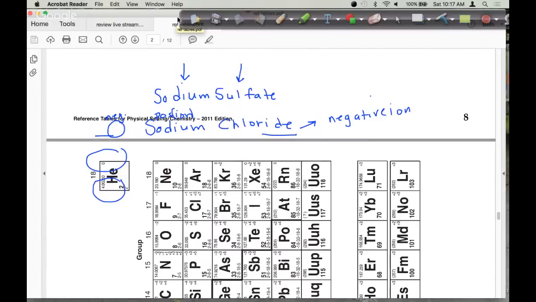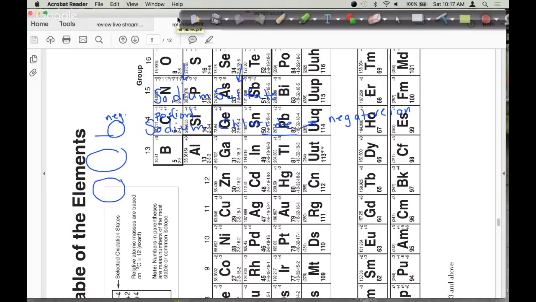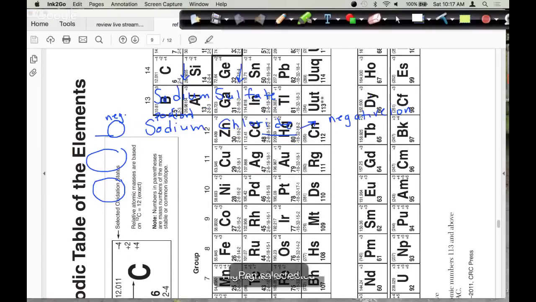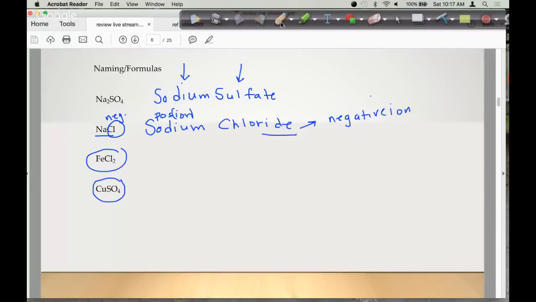Any of these elements that have more than one oxidation state, like iron has a +2 or a +3, copper has a +1 or a +2, remember, we need to give them a middle name in our formulas. So iron can either be iron parentheses Roman numeral 2 or iron parentheses Roman numeral 3. Copper is either copper parentheses Roman numeral 1 or copper parentheses Roman numeral 2. And we need to do that in order to specify which ion is being used in the formula.